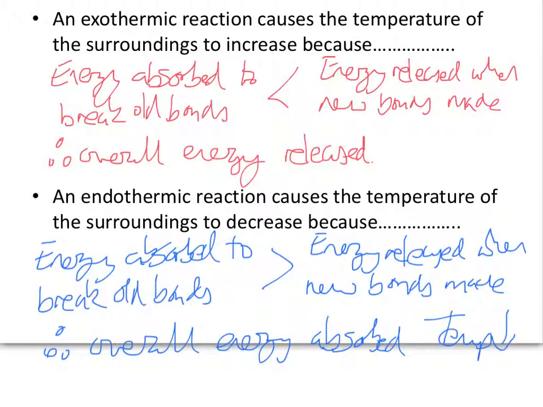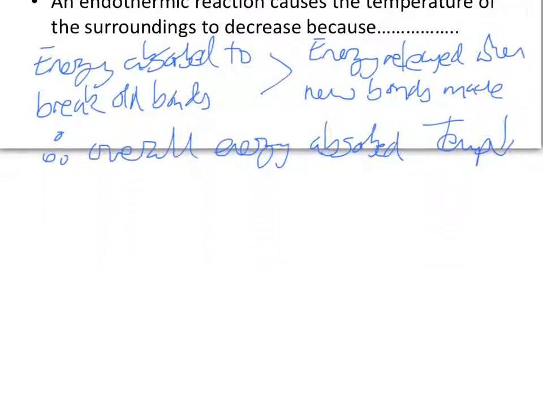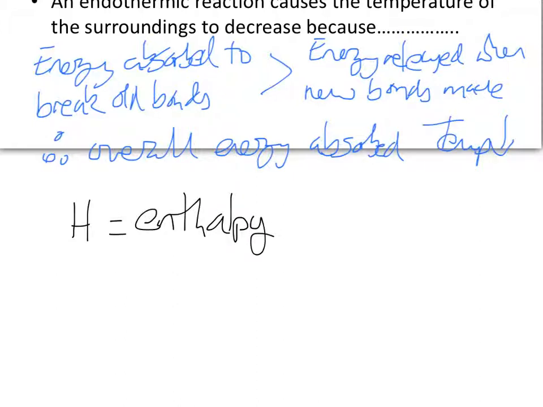Now, one thing I haven't explained here is the symbol delta H, which I used on the previous slide and the slide before that on our enthalpy profile or energy profile diagrams. H in energetics could stand for heat energy, but technically speaking we should use this word, and maybe I should have used it throughout this video, enthalpy.